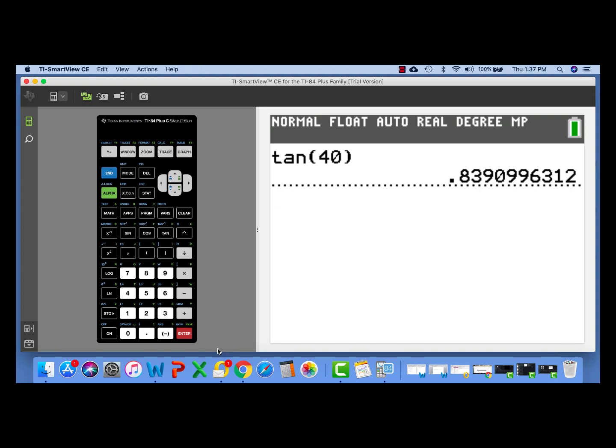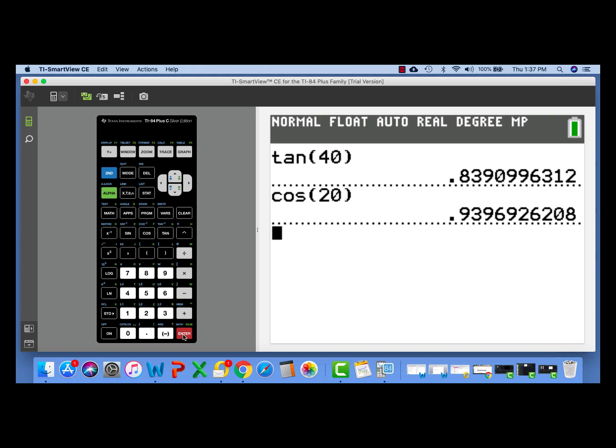So I'm going to hit cosine, and then put in 20 and close parentheses. So cosine of 20 is 0.93969, etc.